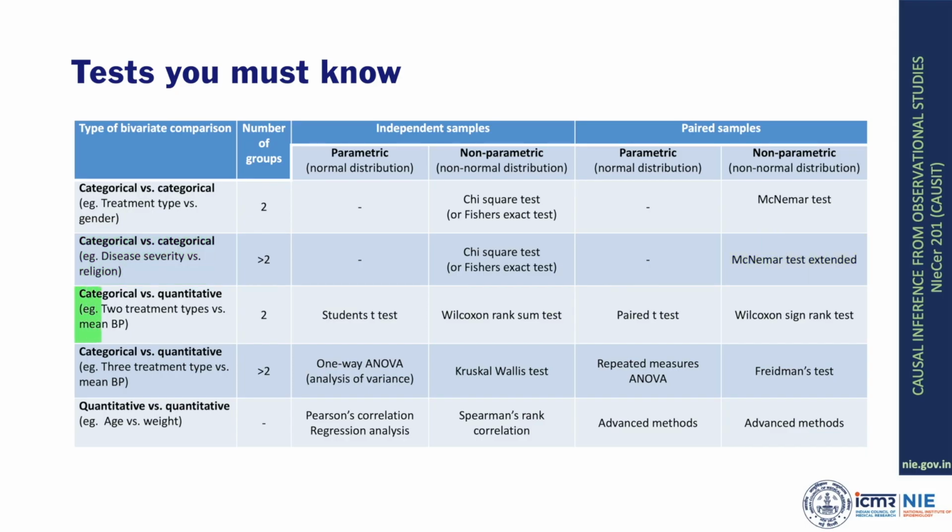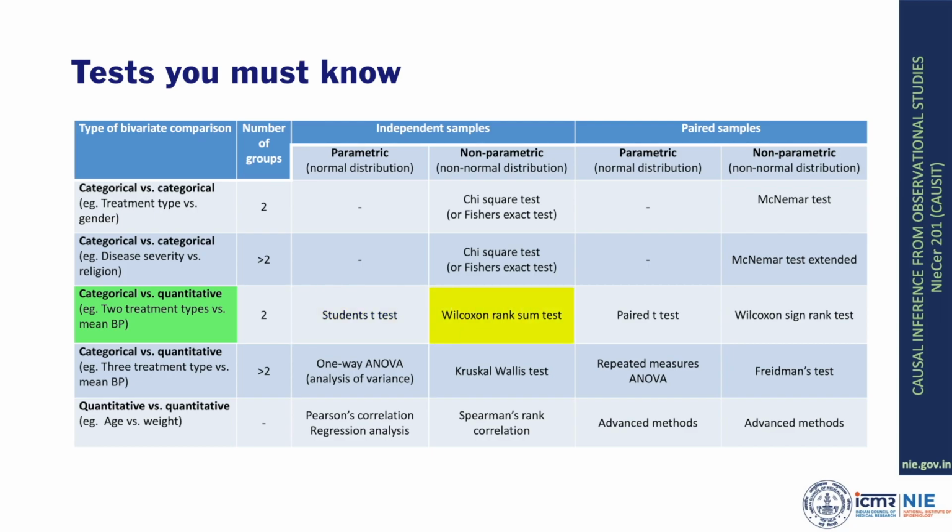Then categorical versus quantitative. You have 2 treatment types, that is conservative and surgical, versus mean BP. So mean BP here is continuous or quantitative, but the categorical variable has only 2 levels, surgical as well as conservative. If these are independent samples, you use student's t-test if the continuous variable follows a normal distribution, and if not, you use the Wilcoxon rank sum test.